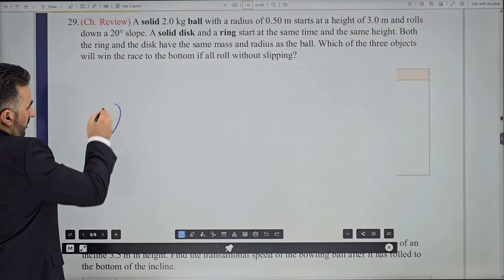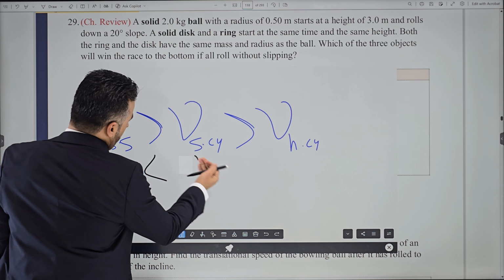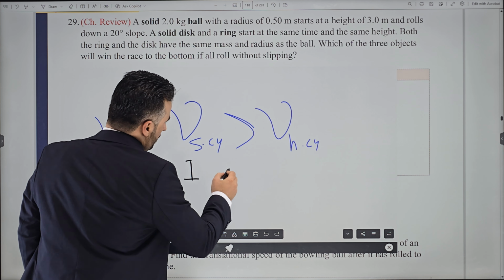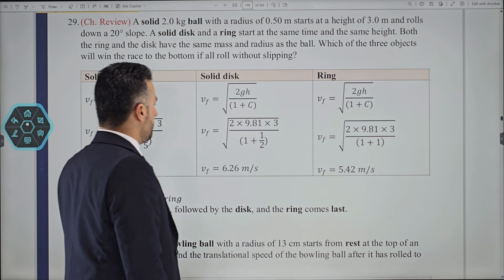And that's it. But if I arrange their moments of inertia, the moment of inertia of the solid sphere is going to be the least. The moment of inertia for the solid cylinder is going to be larger, but the moment of inertia for the hollow cylinder is going to be the largest. So this will be the largest, then this is larger than this, which is larger than this one here. Previously, we've mentioned those in here. Okay.